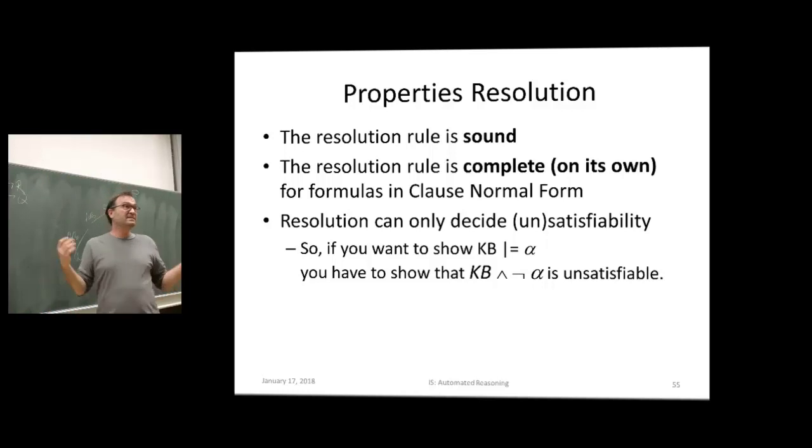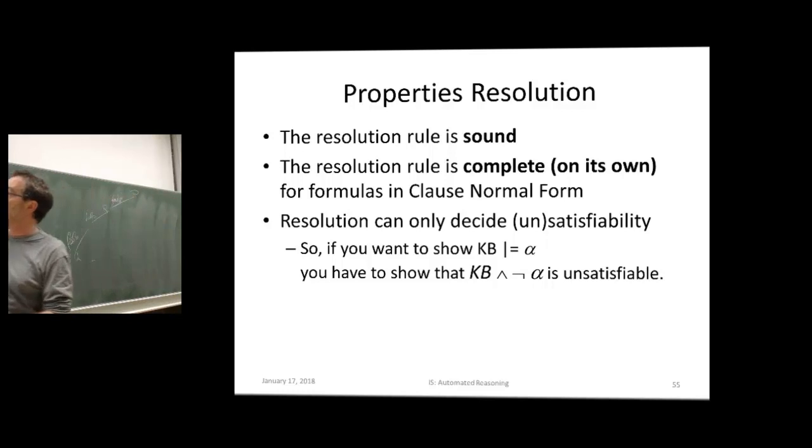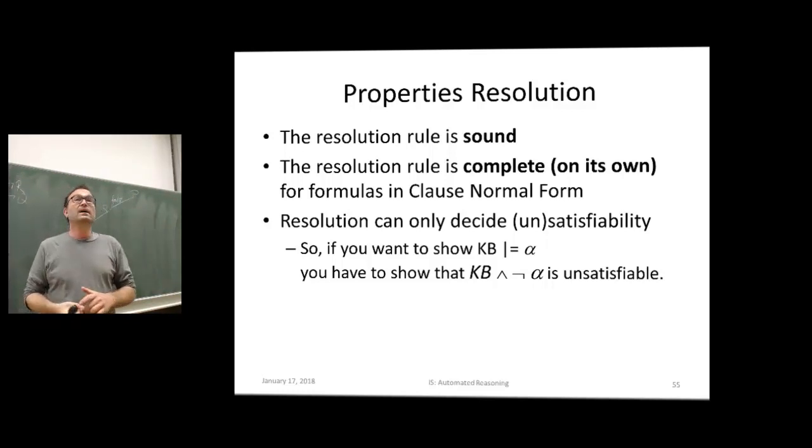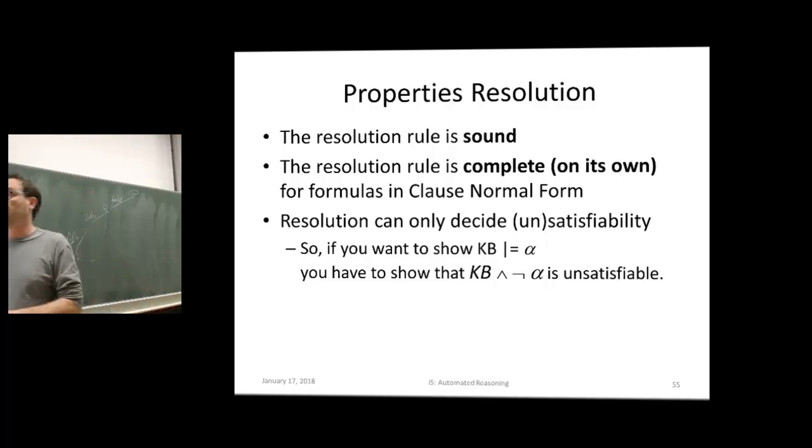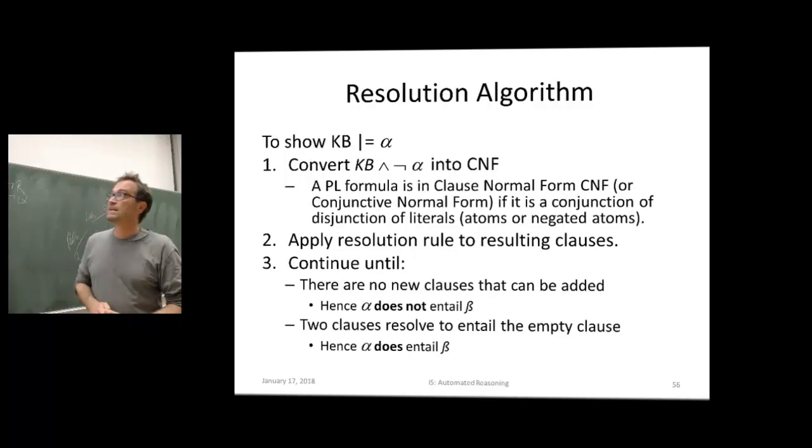And it's a complete algorithm on its own for formulas in clause normal form, and it helps you decide on satisfiability of a propositional logic formula. So only applying this one rule on clause sets helps you already to decide satisfiability.